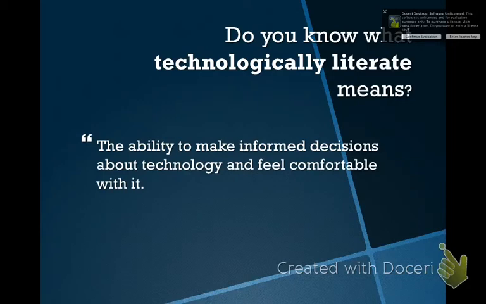They don't want to mess things up. A lot of people will not use something if they're not very good with it. So what I'm going to do is teach you how to use technology and how it works, so later in life you can make decisions that will better you, and you won't be afraid to use them. That's what being literate of technology is: being comfortable and understanding what you're dealing with.